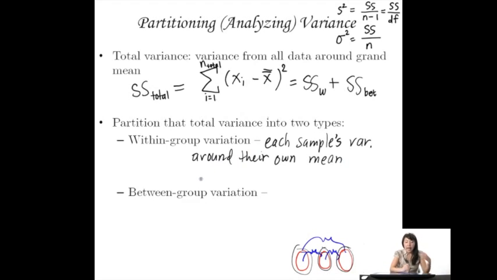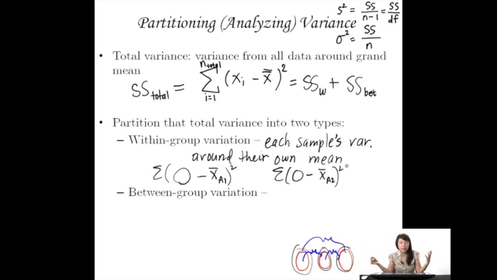So that would be something like, how much does everybody in sample A1 differ from the mean of A1? What is that difference squared, and getting the sum of squares. And then the sum of squares for everybody in A2, and the same thing for everybody in A3. So this is the regular use of variance and sum of squares that we've used before, just looking at each sample's variance from its own sample mean.